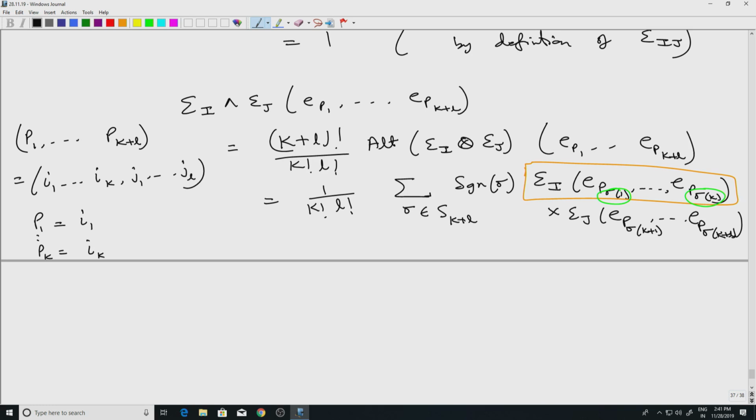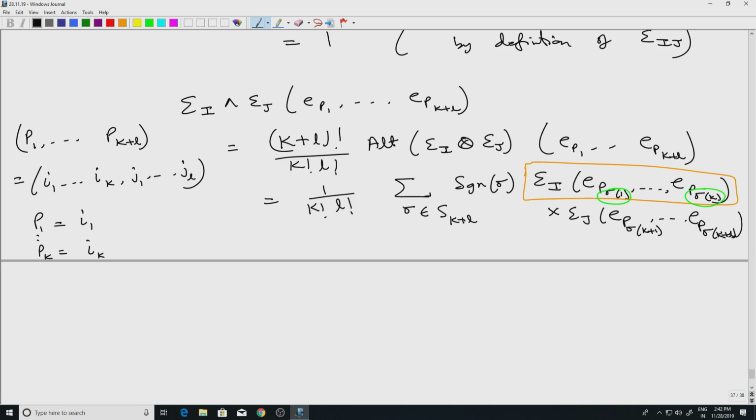So we know that epsilon I acting on certain basis vectors will be non-zero if and only if the basis vectors involved in the inputs are just e_{i1}, e_{i2}, ..., e_{ik} in possibly different orders, but essentially the index set has to be from this set i1 up to ik. In terms of P, the index set has to be from p1 up to pk. So essentially sigma(1), ..., sigma(k) has to be a permutation of 1 to k.